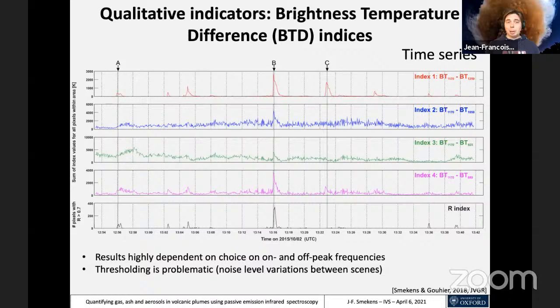This is apparent in the time series, where you can see that they produce very different looking time series, and flagging where the events occur in index number 3, for example, might be very difficult. Whereas the qualitative indicators such as curve fitting or the principal component analysis do a much better job of being able to identify the events of interest.